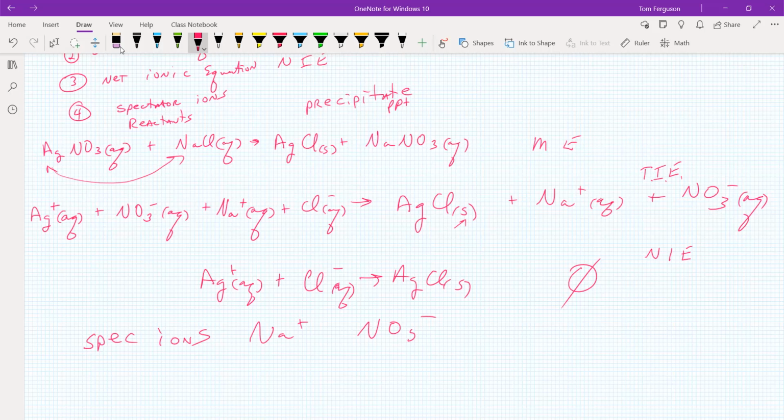And on our next unit, we're going to talk about things like what's the concentration of the silver ions in terms of moles per liter. So notice how we keep going back to moles, moles, moles.